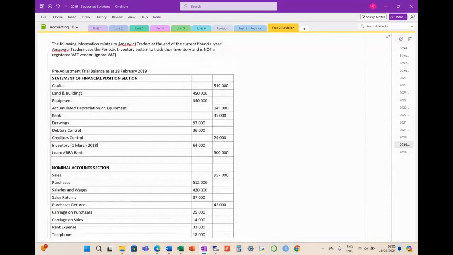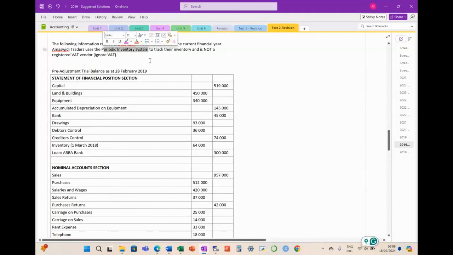And here they also inform us the following information relates to the business at the end of the current financial year. The business uses the periodic inventory system to track inventory and is not a registered VAT vendor. Okay, they use the periodic inventory system.